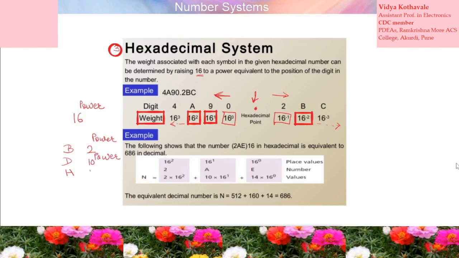In the hexadecimal number system, it's 16 to the power. This is how, using the base or radix of that particular number system, we write the positional weights for that number system.